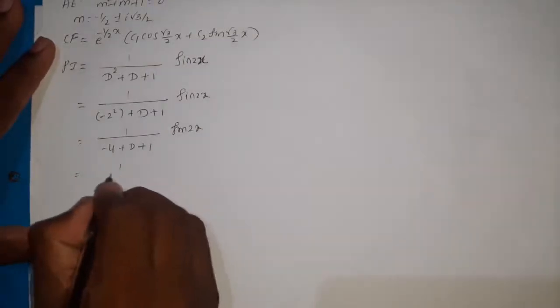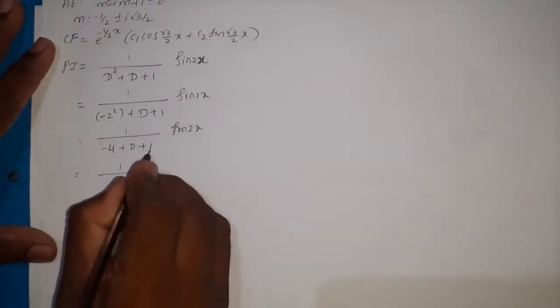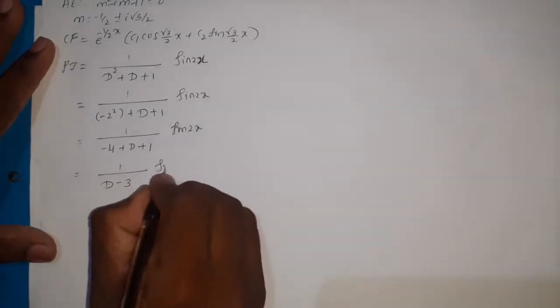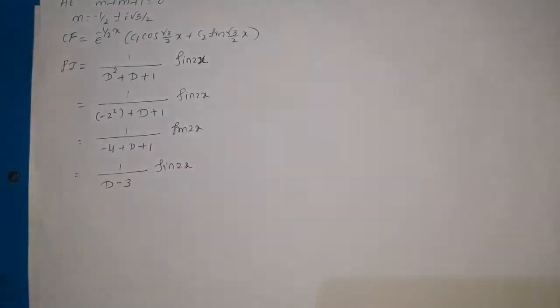Then simplify the denominator: minus 4 plus 1 means minus 3, so that becomes D minus 3, sin 2x. Now the denominator becomes linear in D, meaning the power of D becomes 1. Whenever the power of D becomes 1, we cannot apply the substitution, because it is applicable only if the power of D is 2 or more, but here it is 1.